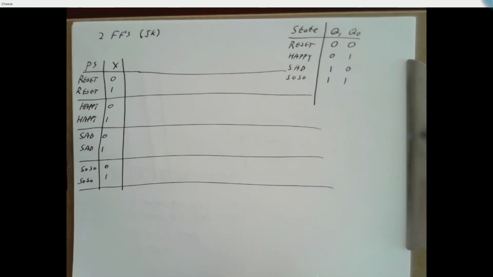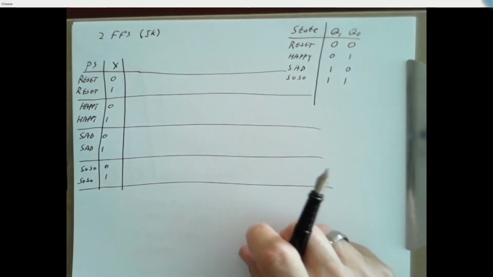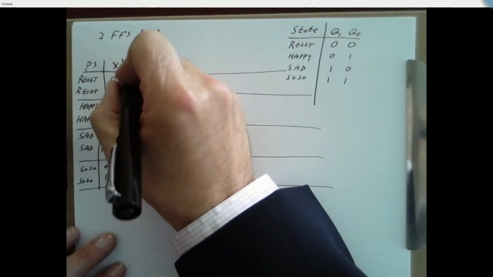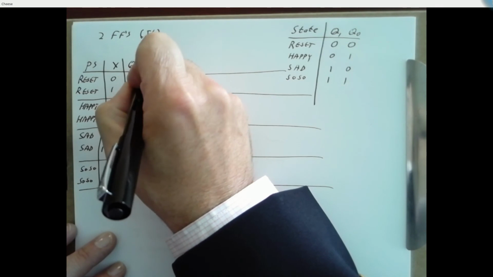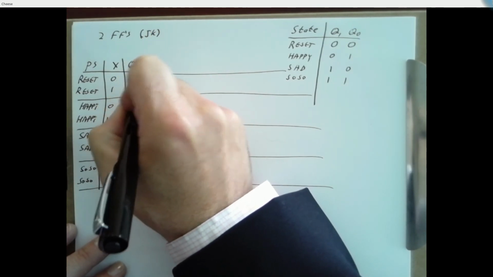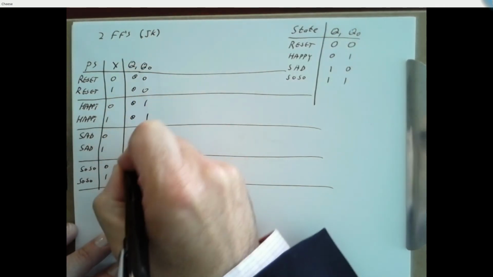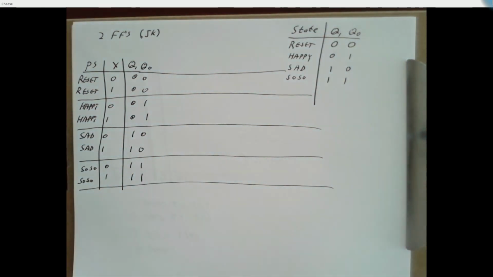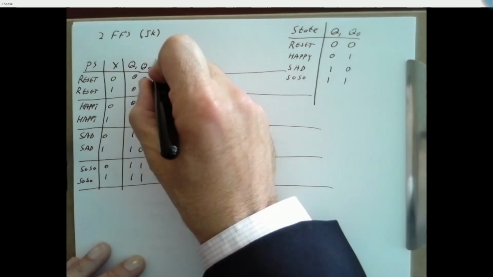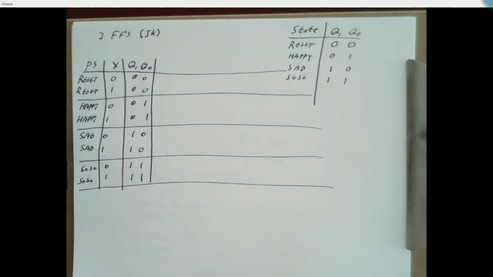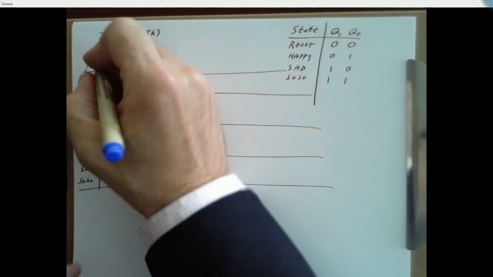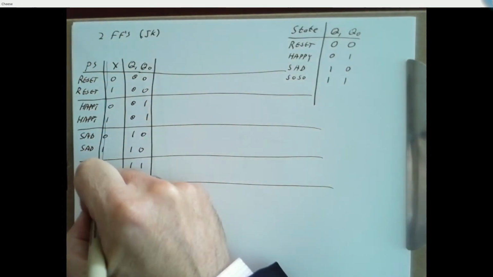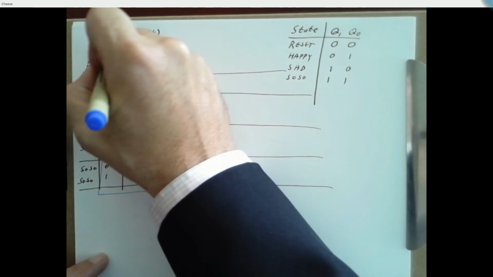So I want to list my states in terms of these Q variables. So let's put those columns in. So all of this, these are basically the 8 rows of our truth table.